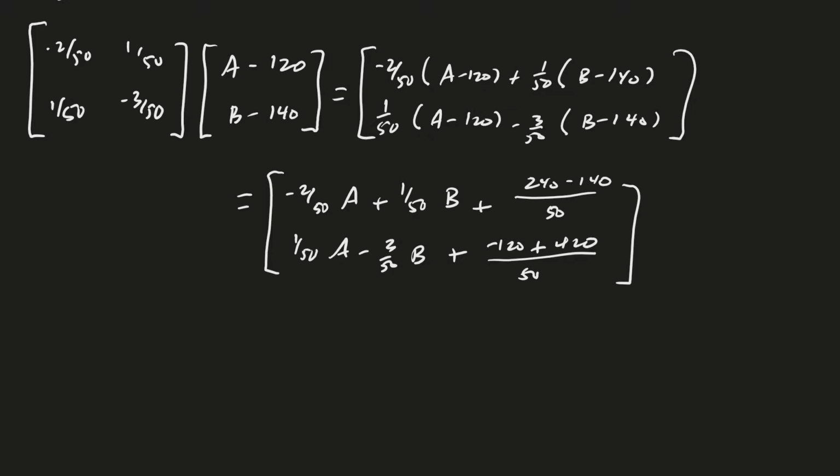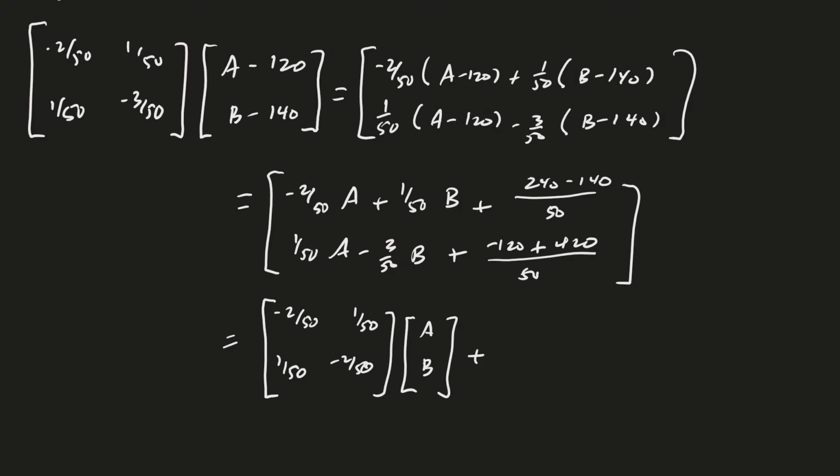And so what we end up with could be written as 1 over 50 times the matrix minus 2, 1, 1, minus 3 times A, B, plus, this is 100 over 50, which is 2, and this is 300 over 50, which is 6.